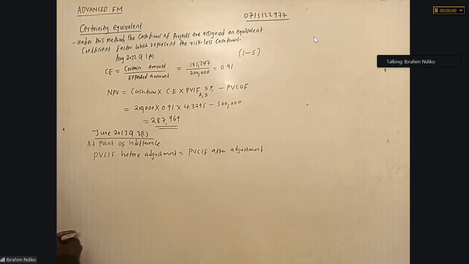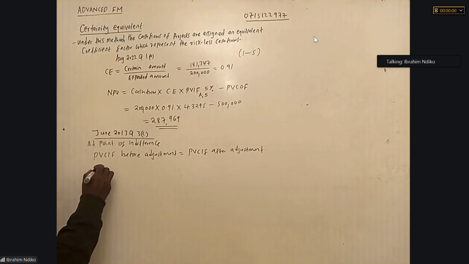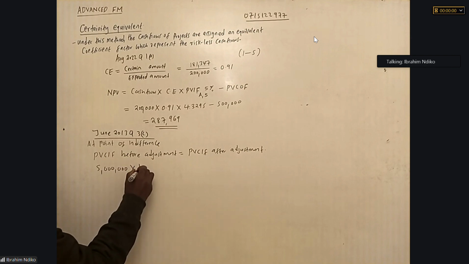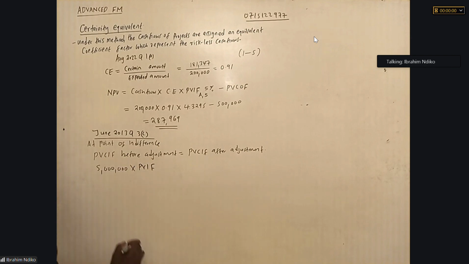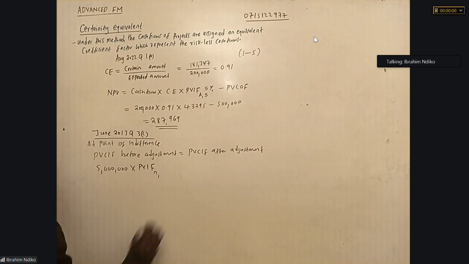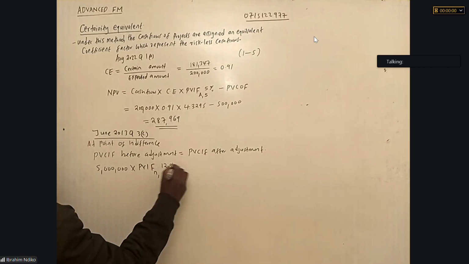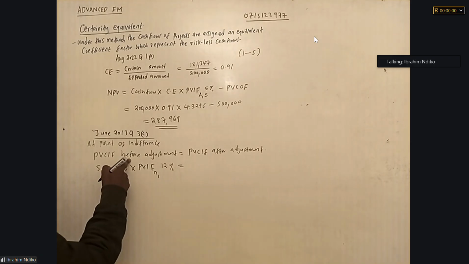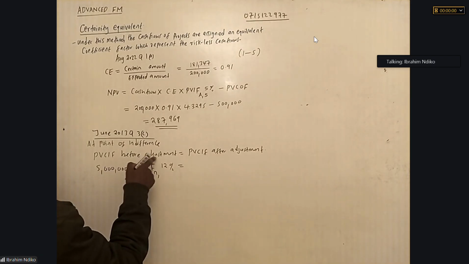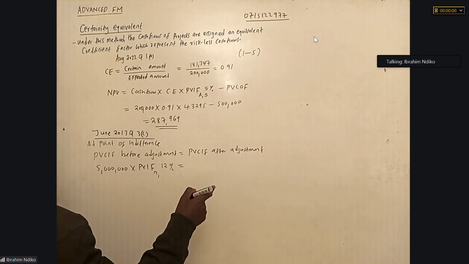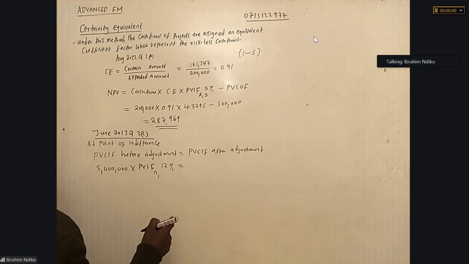So what you do, we start with the before adjustment. So 5 million. Then we use the present value interest factor, the one for 12%. Because it's 1 year, it's n period, 12%. We get the present value of cash flow before adjustment, that is before the return.